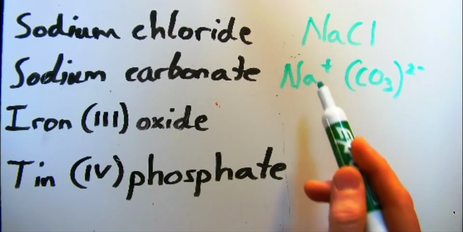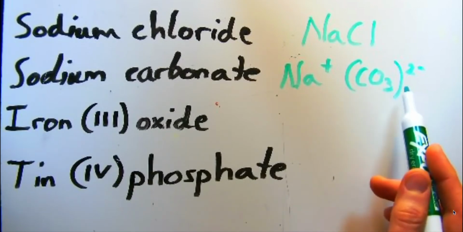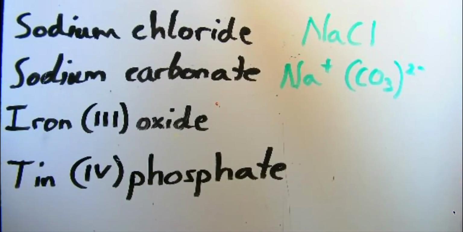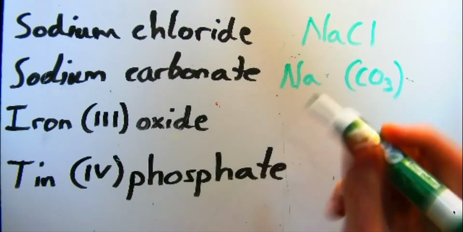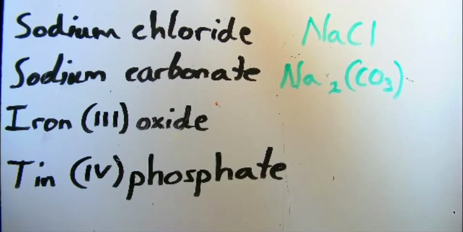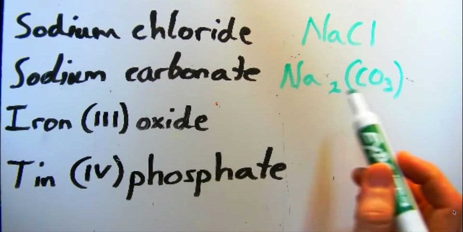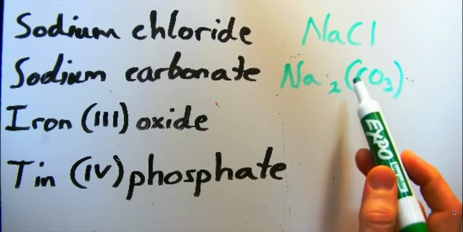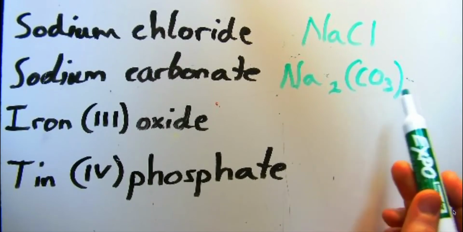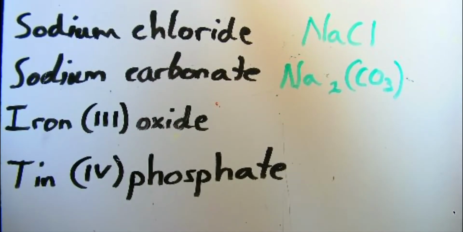That way, we would have two pluses and two minuses, and they would cancel out. And the way to indicate that in the formula is you're going to put a 2 right there. Two sodiums and one carbonate make sodium carbonate, and that's electrically neutral. Now, these parentheses are technically optional, but I'll just go ahead and leave them there.